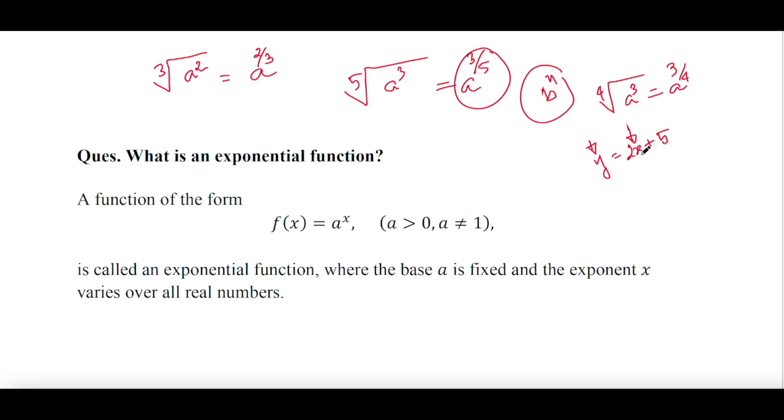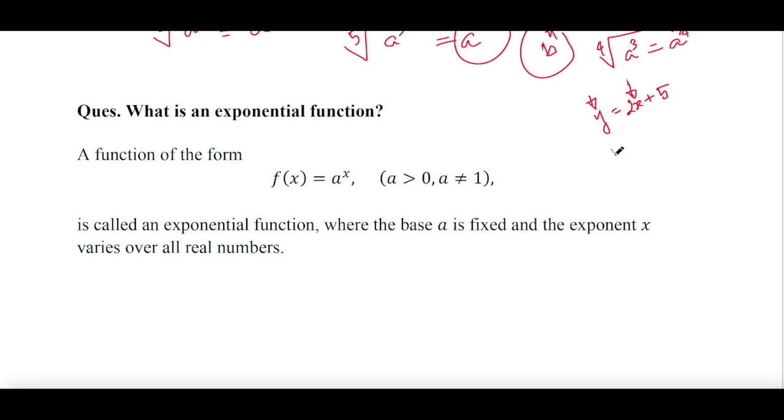So for a single x you will get a single y, therefore this is an algebraic function. If you write y equal to, for example, sine of x, we know this is a trigonometric function. Similarly there is the inverse trigonometric function.